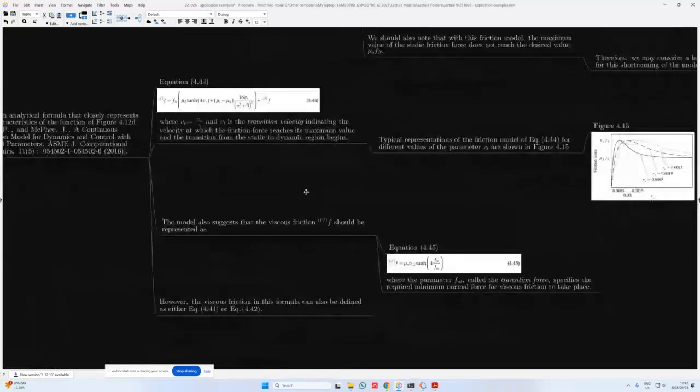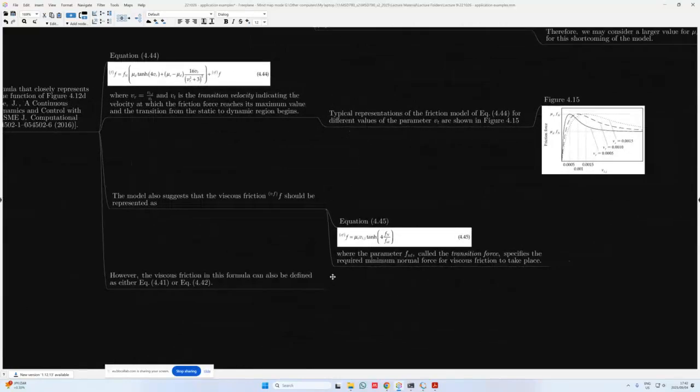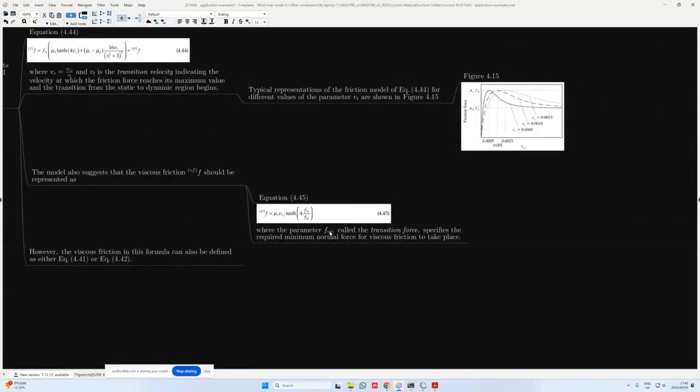Now the model also suggests that the viscous friction FVF should be represented in this form over here, where the parameter Fnt is then called the transition force, and that specifies the required minimum normal force for viscous friction to take place.